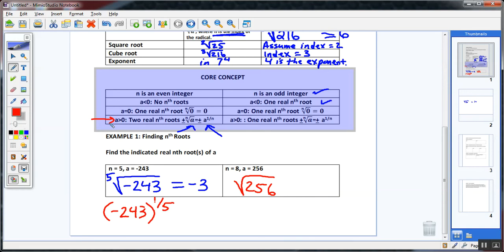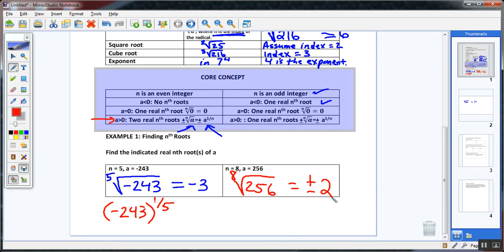Okay, let me tell you what's going on here. We're looking for the nth root. In this case, our index is 8. Now, when you type this into your calculator, what do you get? 2. But when I say it's 2, it could be either positive 2 or what? Yep. So is this chart going to be important to you? If you ever have a situation where this number is even down here and positive, what are you going to get? 2 real.